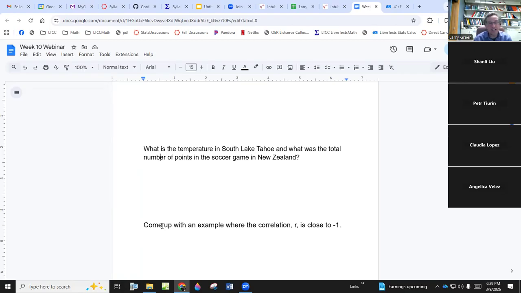There's some that are exactly -1, but there's some that are close to it. And exactly and close to are pretty different, by the way. Exactly means you can actually do the math and come up with the exact answer. Close to means that as one goes up, it's really clear the other one tends to go down.